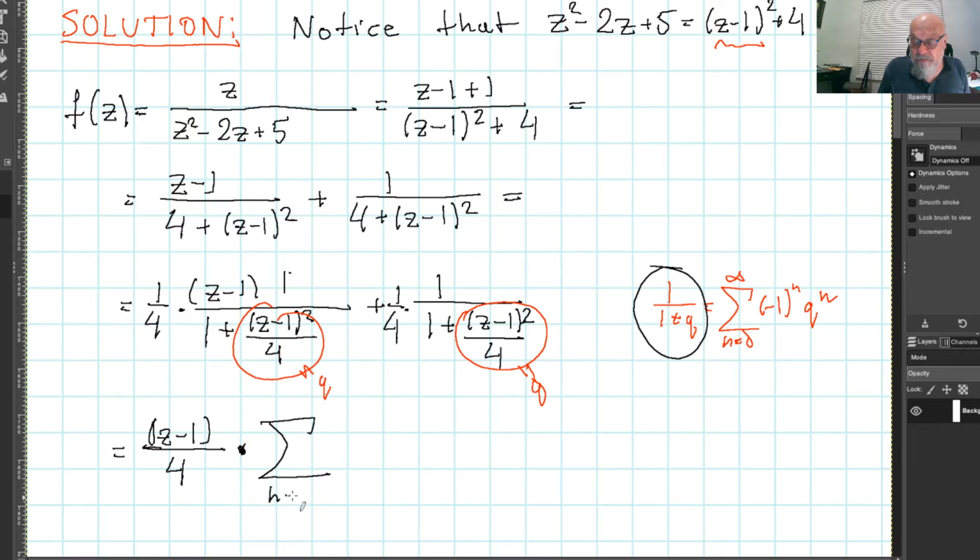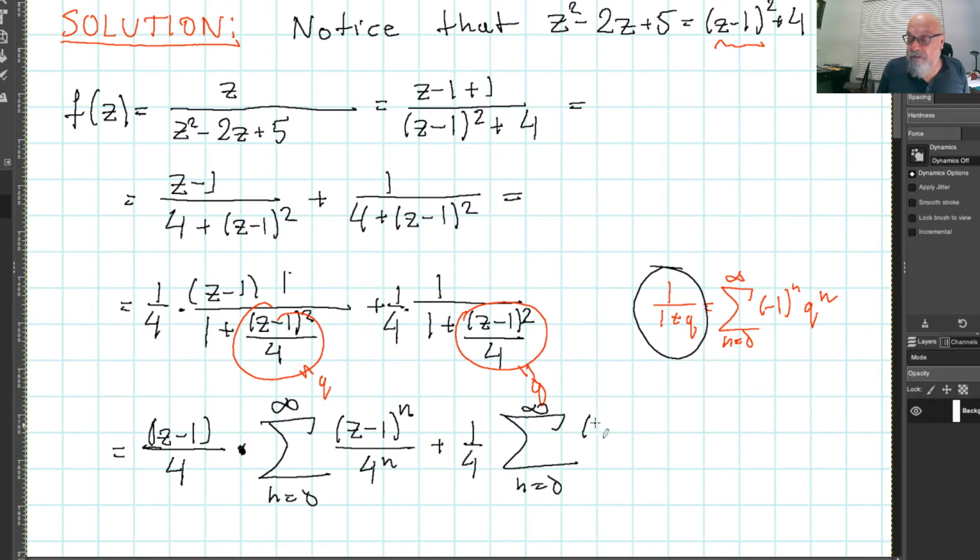Infinite sum n equals 0 to infinity of (z minus 1) to the power n divided by 4 to the power n, and the same here, 1/4, n equals 0 to infinity, (z minus 1) to the power n over 4 to the power n.